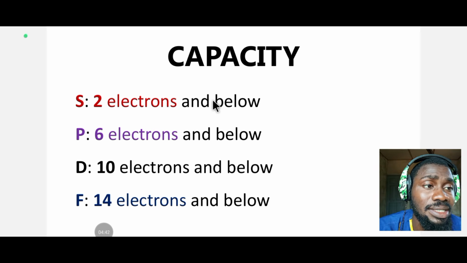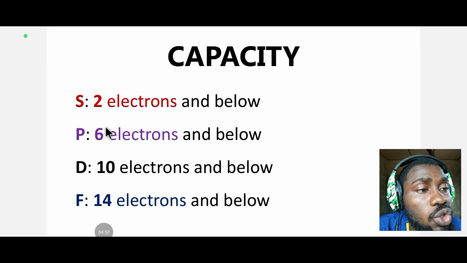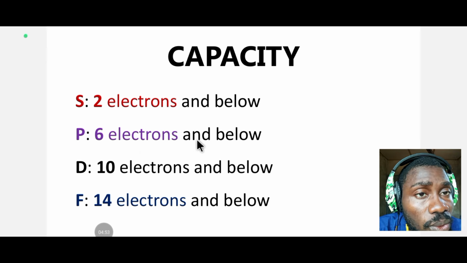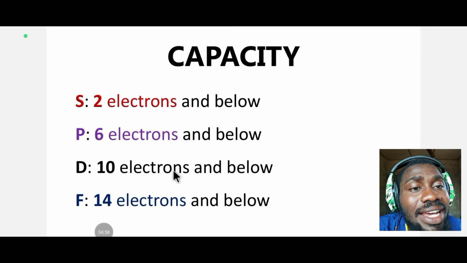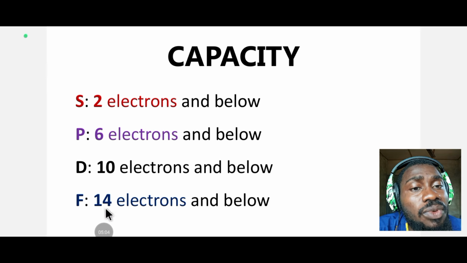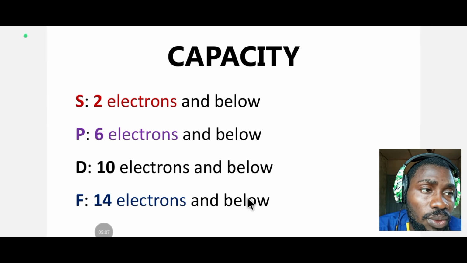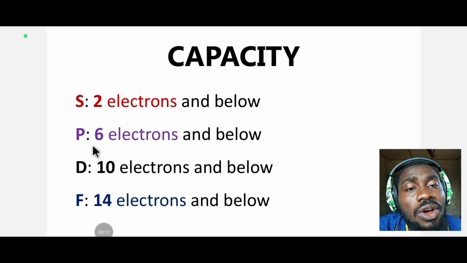The p shell or p orbital can only accommodate 6, not more than 6. The d orbital can accommodate 10 electrons and below. The f orbital can accommodate 14 electrons and below.